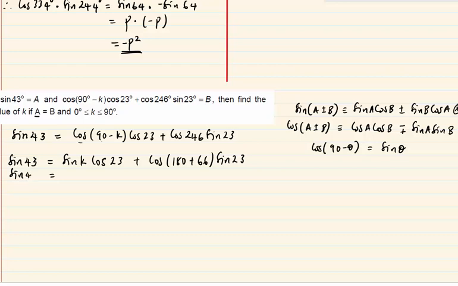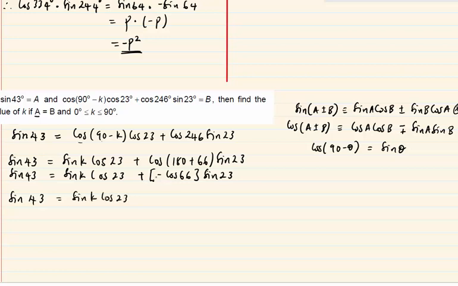Alright, and so this is going to stay the same. I still have sine of 43 is equal to sine k cos of 23 plus this here. We have agreed that this is simply going to be equal to negative cos of 66, and we're still multiplying this by the sine of 23. Now have a look. This expression is now of this form here, sine k cos 23.